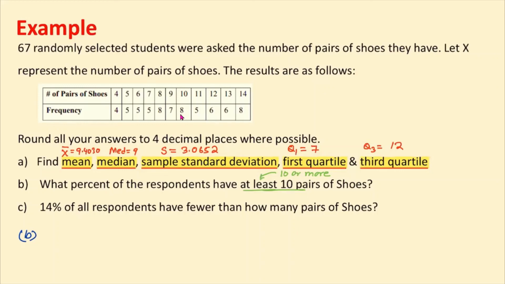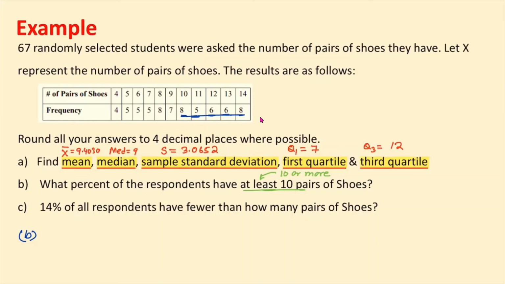So you can see 10. They have 10 pair; at least means 10 or more. 8 of them have 10. Then after that, we have 5 of them more than 10. Again, 6 of them more than 10. So all these students have 10 or more pair of shoes.